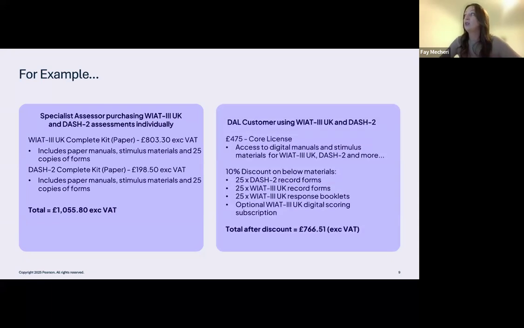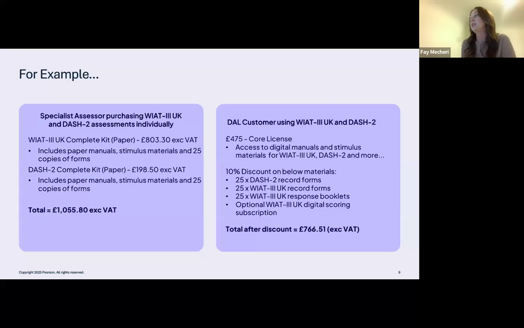If you were a DAL Core license customer using the Wyatt 3 and the Dash 2, you'd be paying £475 per year for your license, and that would give you access to the digital manuals and all the stimulus materials for the Wyatt 3, the Dash 2, and many more assessments. And you would then get 10% discount on any materials associated with those manuals and stimulus materials.